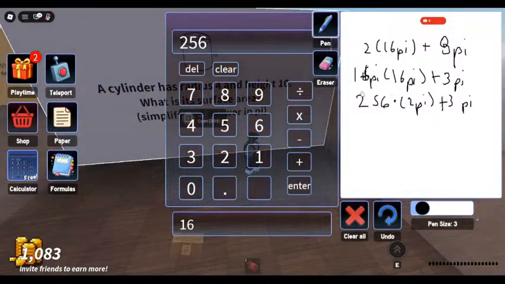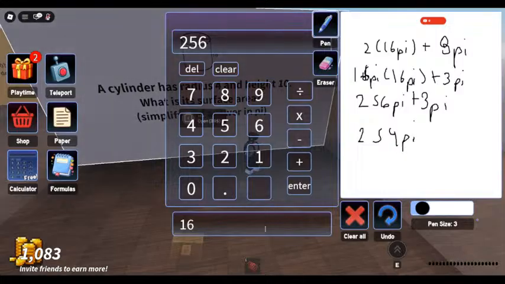I could just times 2 this. Oh yeah, I forgot that. So then 256 pi plus 3 pi, and we will have 259 pi.